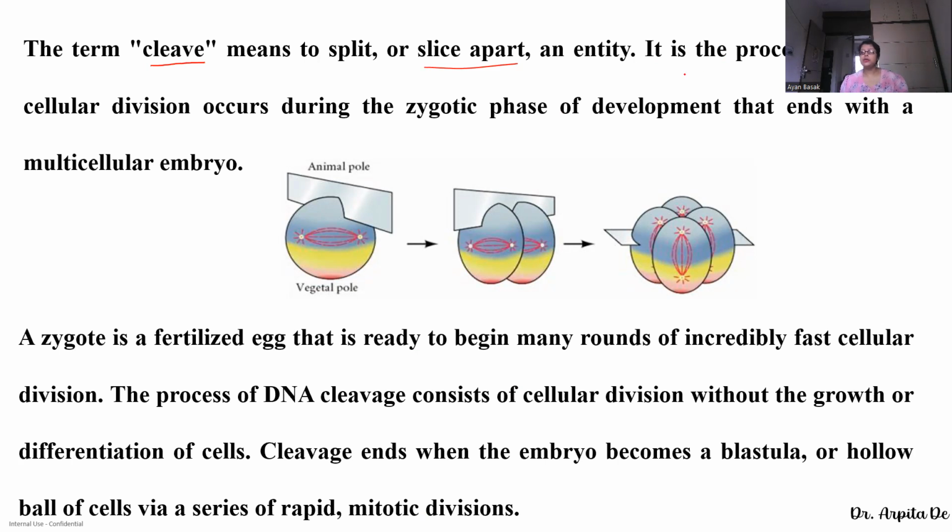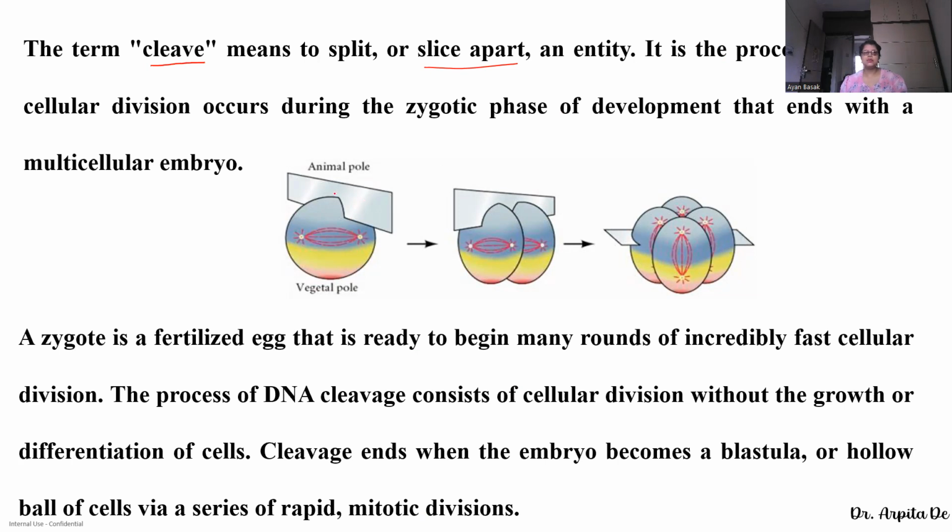It is the process by which cellular division occurs during the zygotic phase of development that ends with a multicellular embryo.